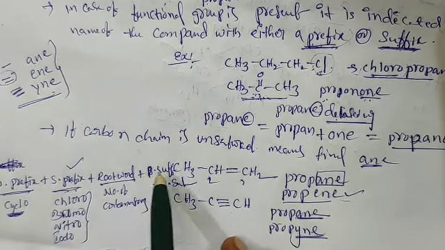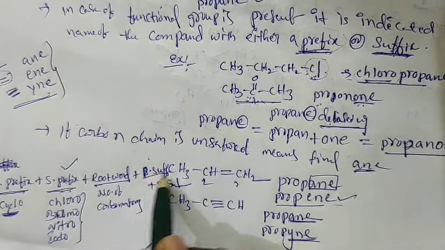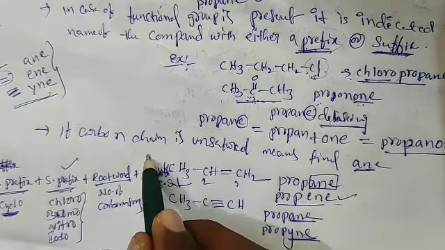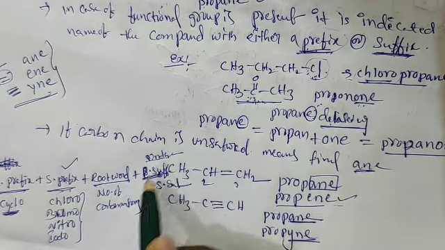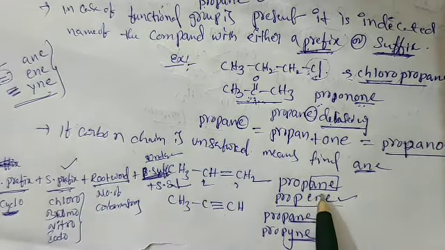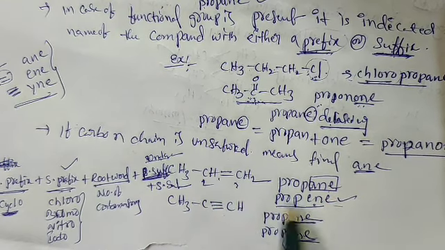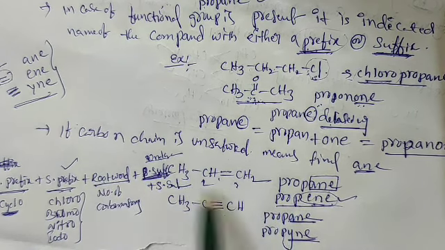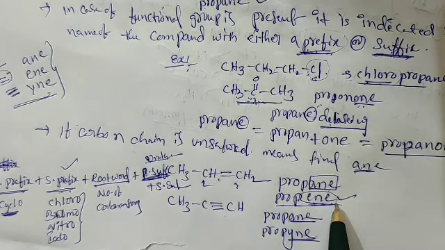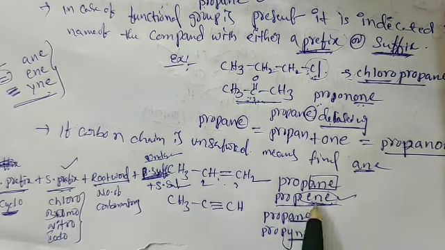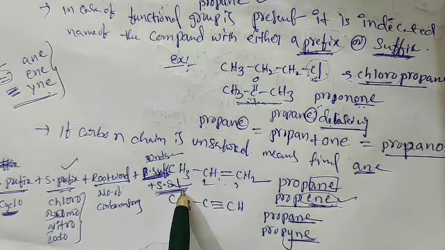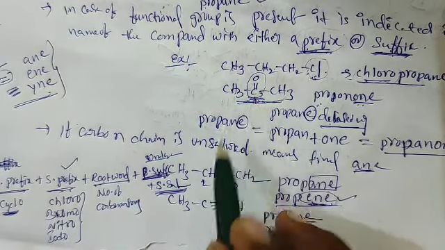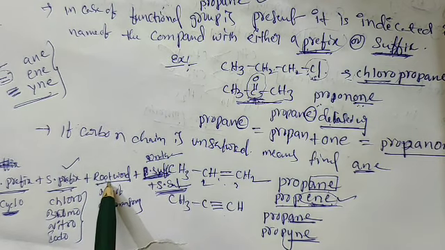Then the root word. If any double bond is there, that is unsaturation, and that is the primary suffix. For propene, prop is the root word and the primary suffix is ene, always for a double bond. What about the secondary suffix? The secondary suffix is the functional group. If the compound contains a functional group, we need the root word, the number of carbon atoms, and the functional group.